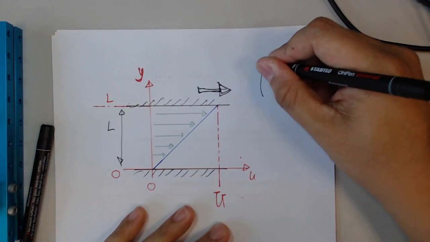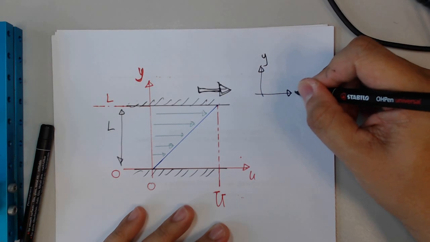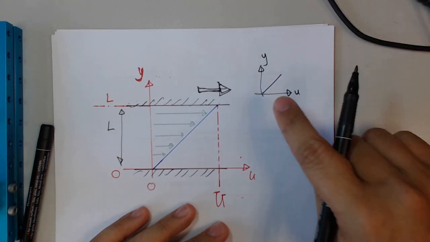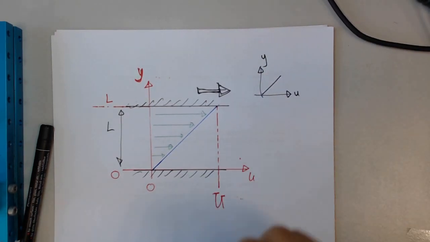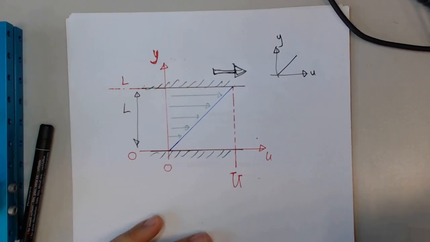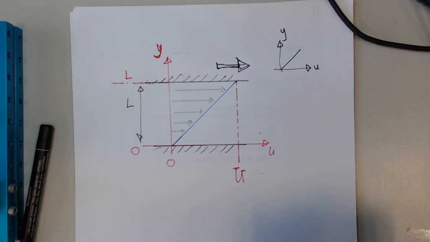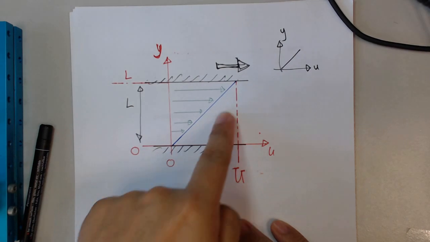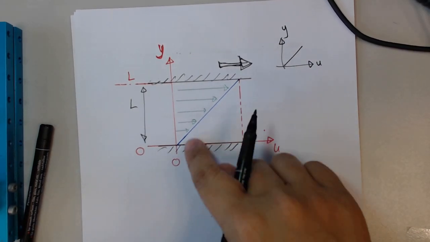I can draw a y-axis and a u-axis, and this will be the velocity profile of the fluid within the two surfaces. We can see that this is a linear straight line, and there is a certain gradient to this line.